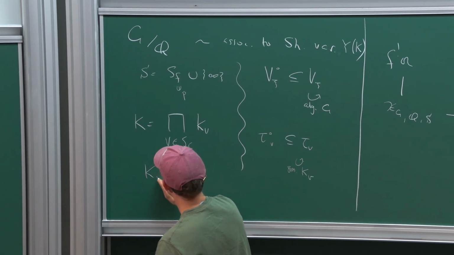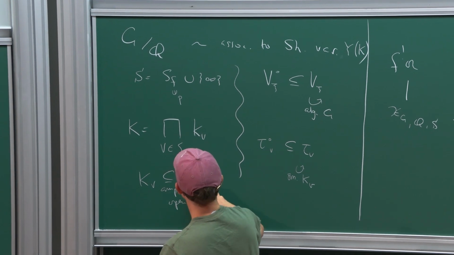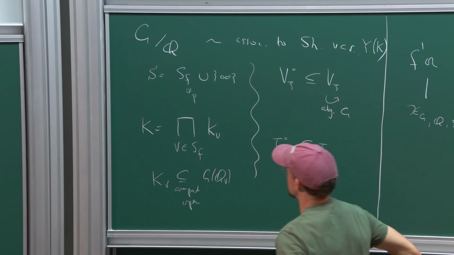So here K_v is, as usual, compact open in G of Q_v.